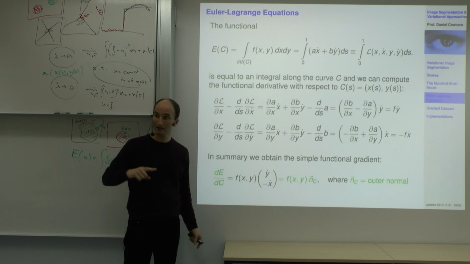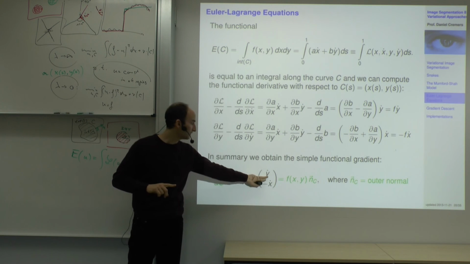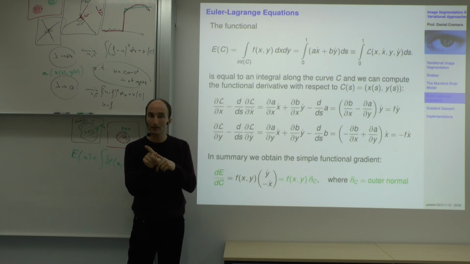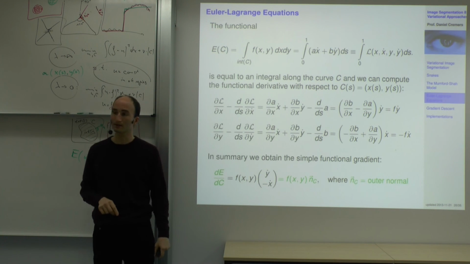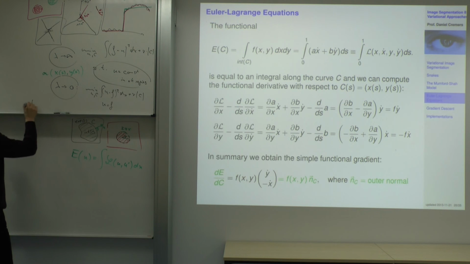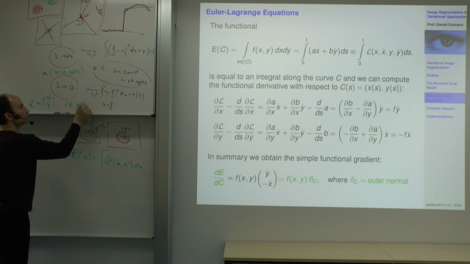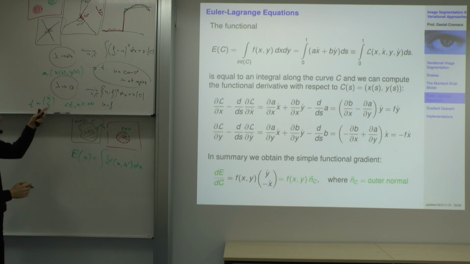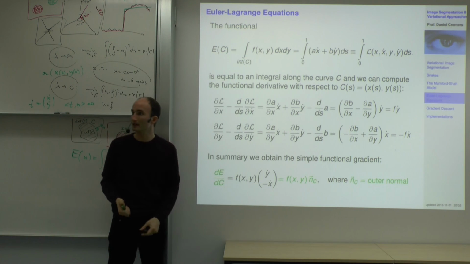x dot, y dot is the tangent vector. And then if you rotate that 90 degrees to have it point outwards, you just get y dot, minus x dot. You can check for yourself, because the tangent vector is always x dot, y dot, and of course the tangent and the normal must be orthogonal, and you can check: (x dot, y dot) times (y dot, minus x dot) is indeed 0.